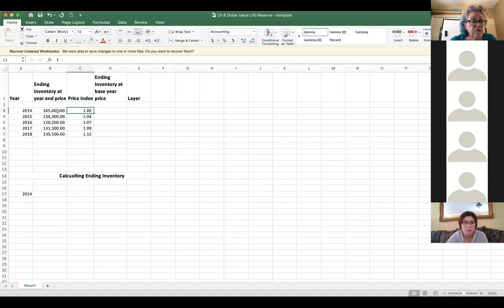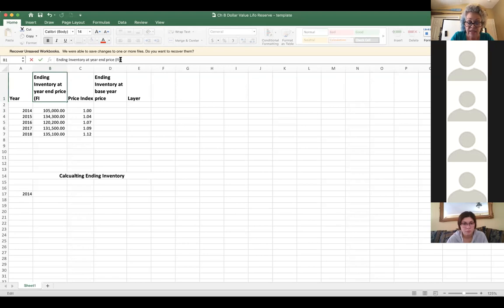Correct. So what companies do is they count their inventory, and then they price it at end of the year price. Now, if you have ending inventory at end of the year price, then that is FIFO, just by definition.